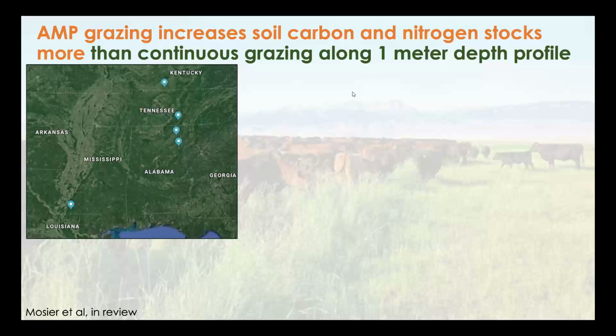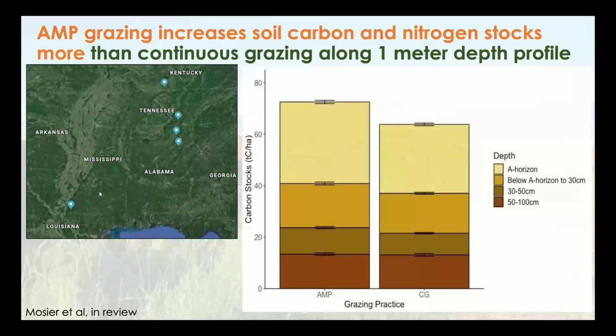And so in this adaptive multi-paddock grazing system, there was an experiment actually done by Mosier, a student here, right, Meg, here at CSU, where they looked at the impacts of adaptive multi-paddock grazing on soil carbon and nitrogen stocks across a number of different sites, everywhere from Kentucky down through the Southeast and into Louisiana.